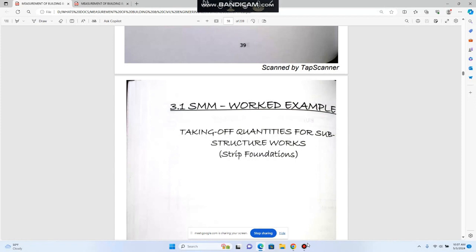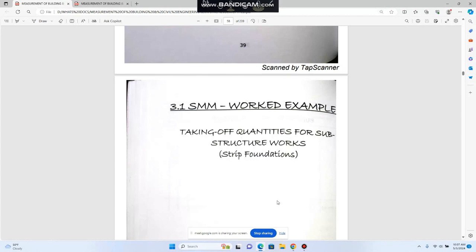Thank you. Okay. Today we will start looking at the examples of taking off right from the foundation, and we'll start with the strip foundation. As we continue, you'll be able to understand all what we have been talking about. Now it's the practical parts.